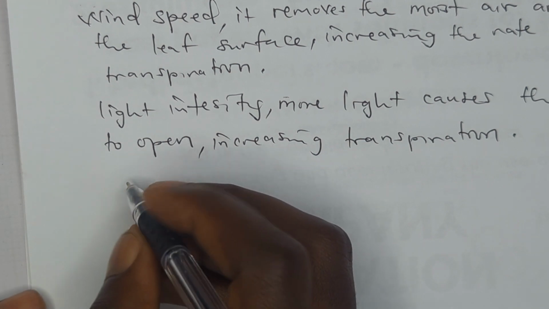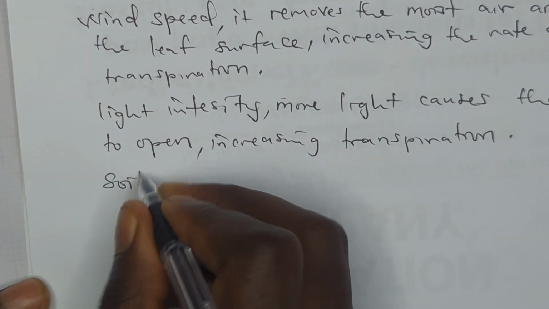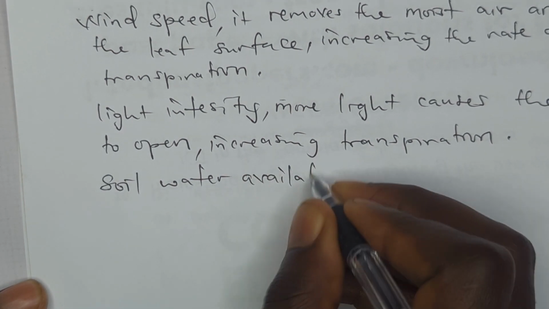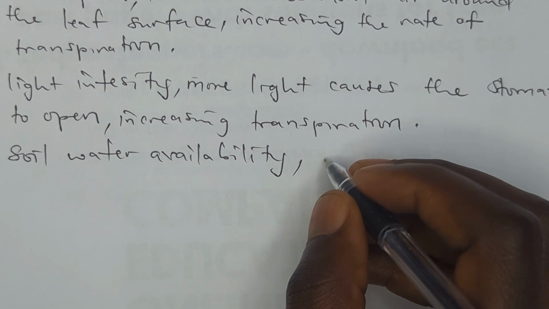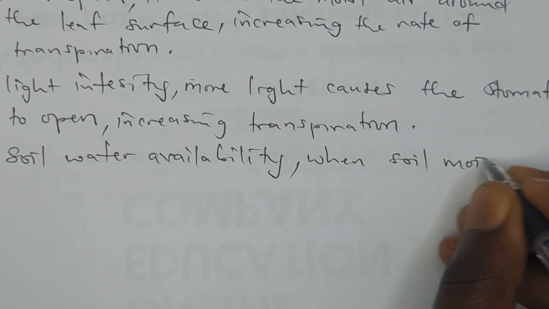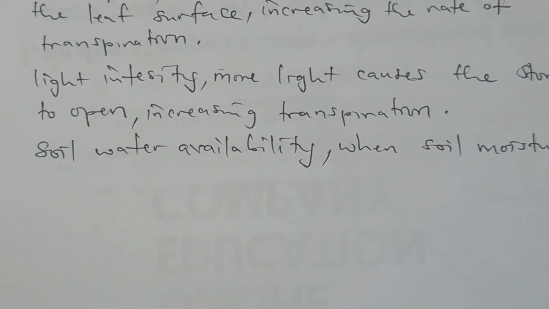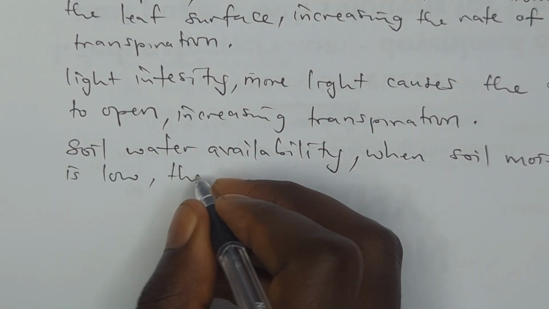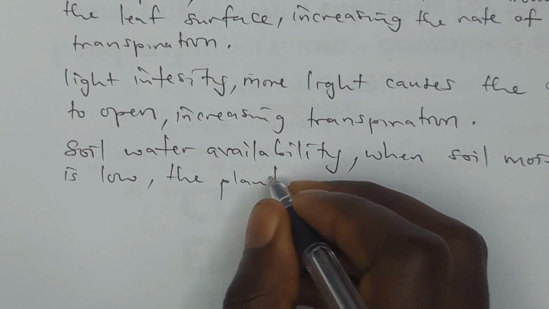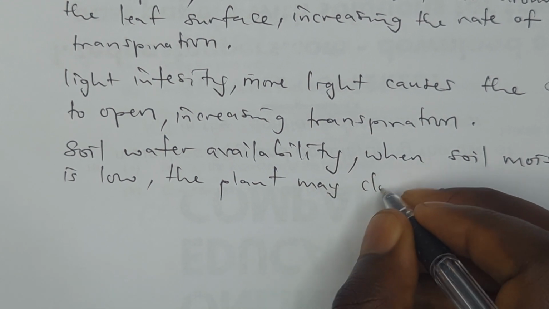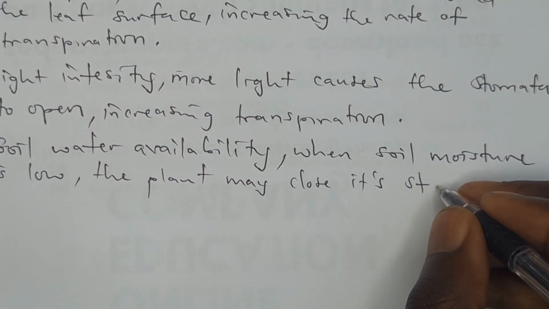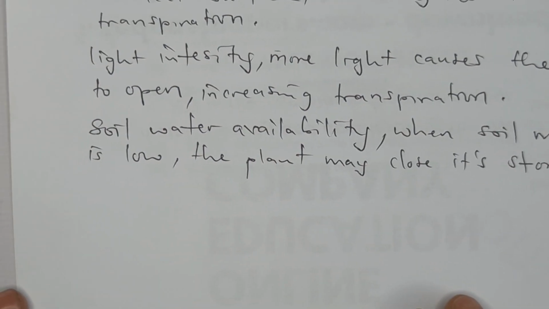The other factor that we can put here is water availability. When soil moisture is low, the plant may close its stomata, reducing transpiration.